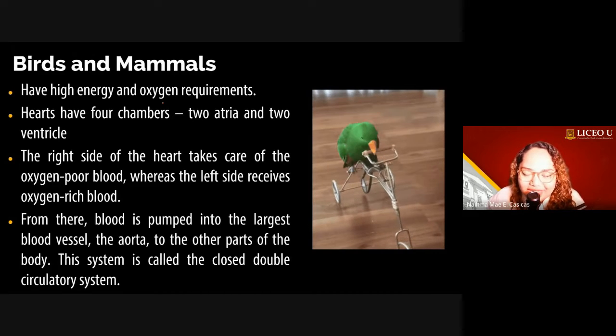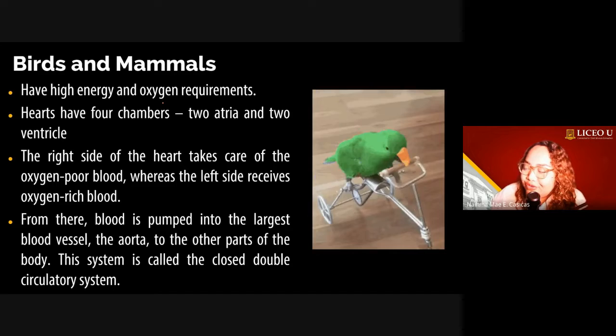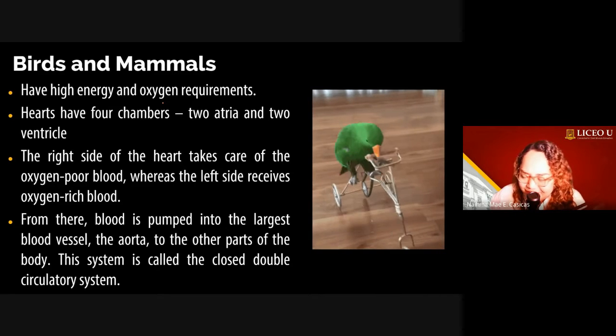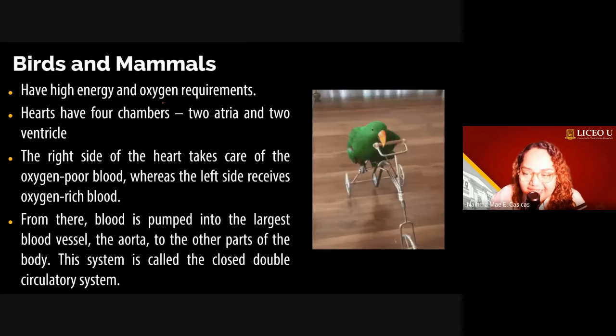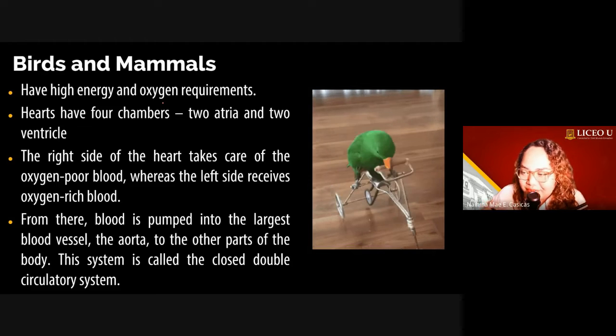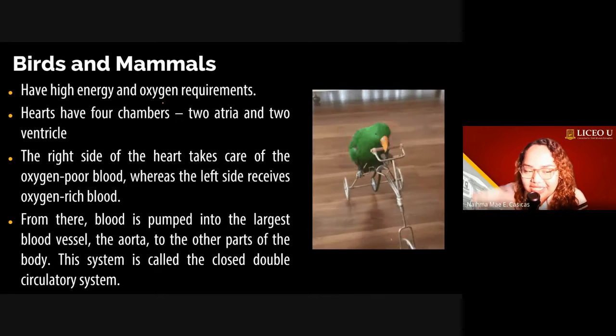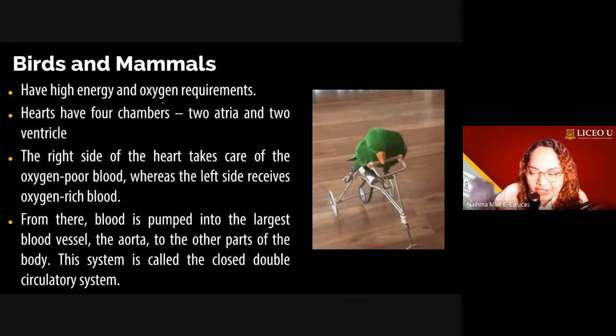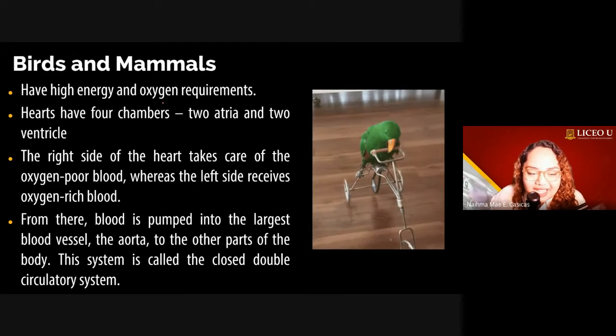The heart would have four chambers. You have the right atrium, the right ventricle, the left atrium, and then the left ventricle. So the right side of the heart takes care of the oxygen-poor blood from the system. The blood goes back to the heart, and then the heart will pump it into the lungs.